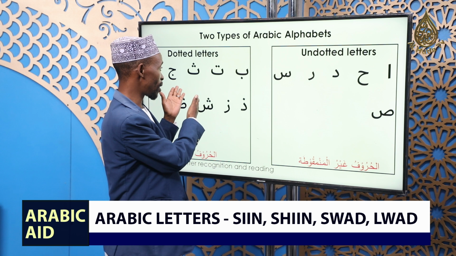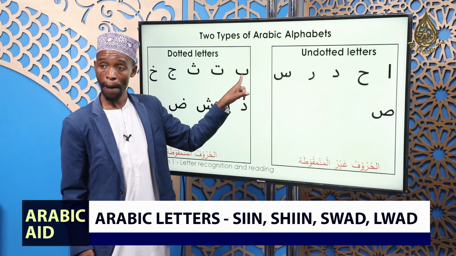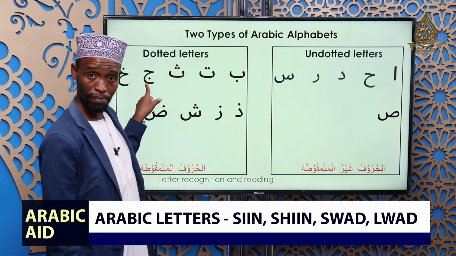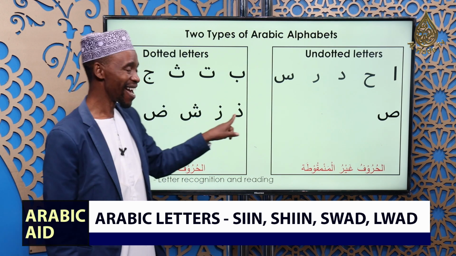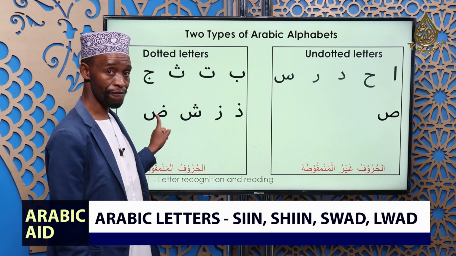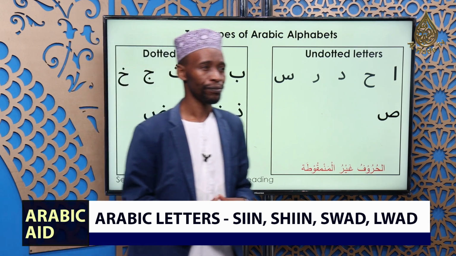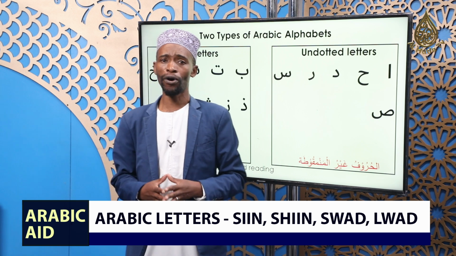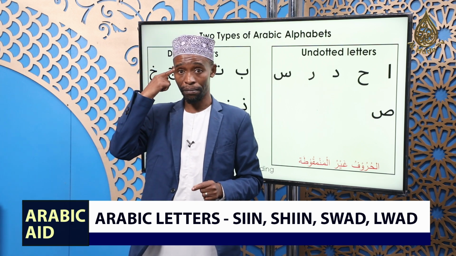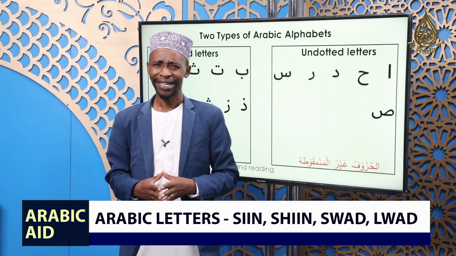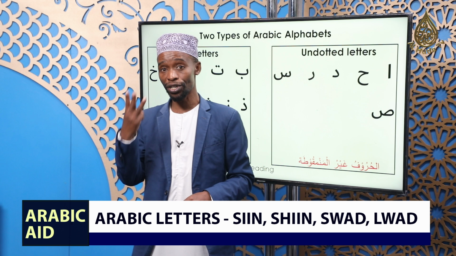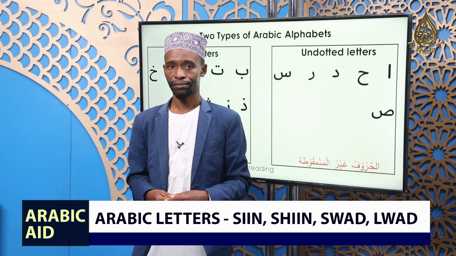On the dotted side, we have ba, ta, tha, jim, ha, dal, za, shin, and finally wad. These are important letters to know, and I hope you are memorizing them already. Let us take a short break and we will be back with section 3 of Arabic Aid.